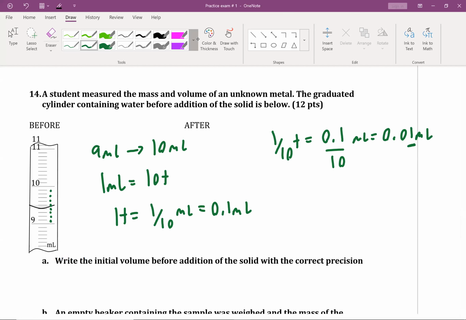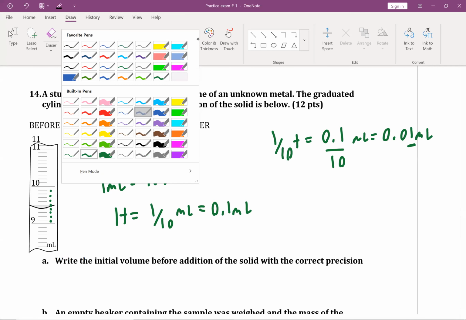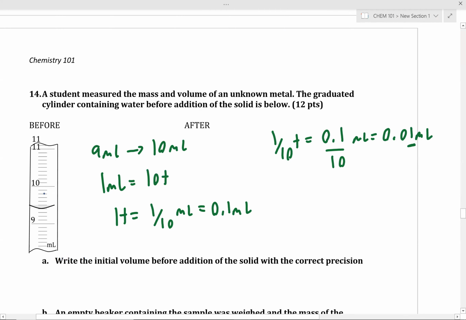Next, when you're measuring volumes, keep in mind, do we measure from the top or the bottom of the meniscus? Bottom. Okay, so we're almost right at the 4th graduated mark.